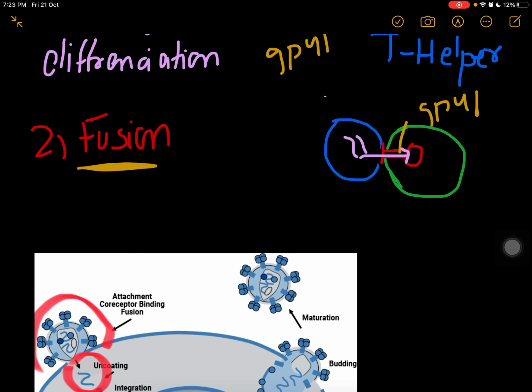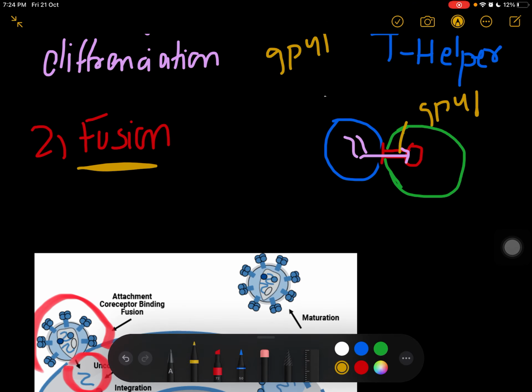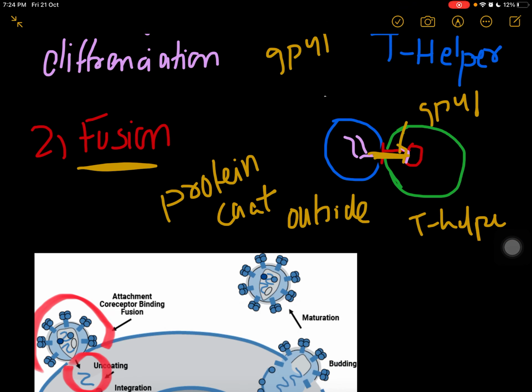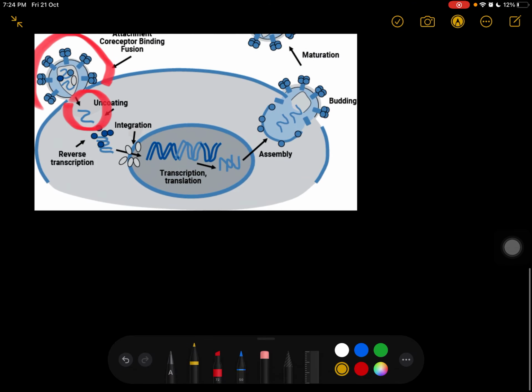It will shed its protein coat outside the host cell. Remember this: the protein coat will not go inside, it will remain outside, and the double-stranded RNA will move into the T helper by this GP41.